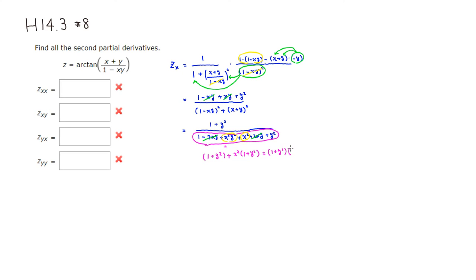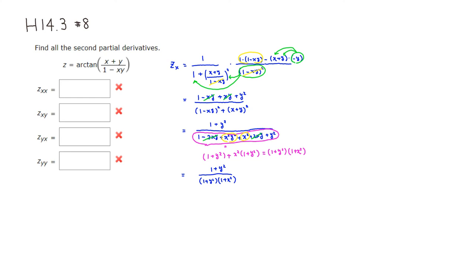Then we have a 1 from here, and a plus x squared from there, right? So therefore, we're going to get this. You have 1 plus y squared over quantity 1 plus y squared times 1 plus x squared, right?